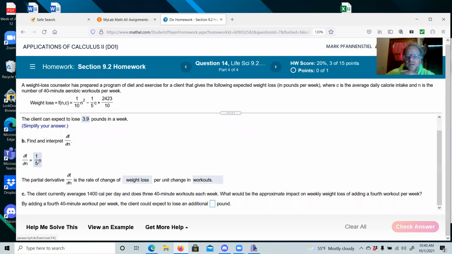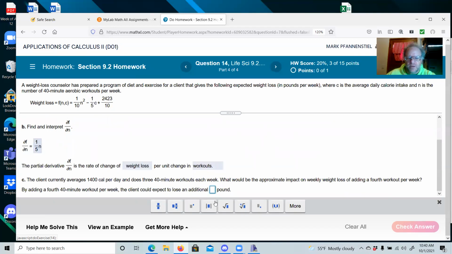So the marginal amount would just be this guy here. So we would expect an additional weight loss of 0.2. I think that's an additional 0.2 pounds, because 1/5 times 1 would be 0.2.